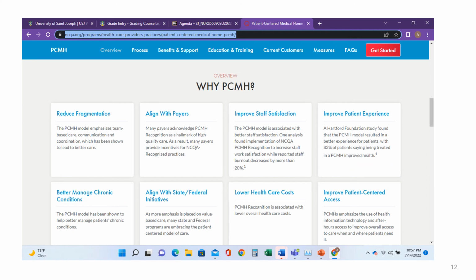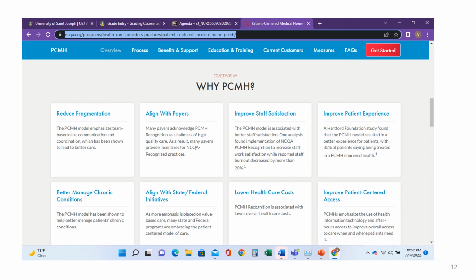So this is an example of the National Committee for Quality Assurance patient-centered medical home, and what's the intent, what's the value of a patient-centered medical home.